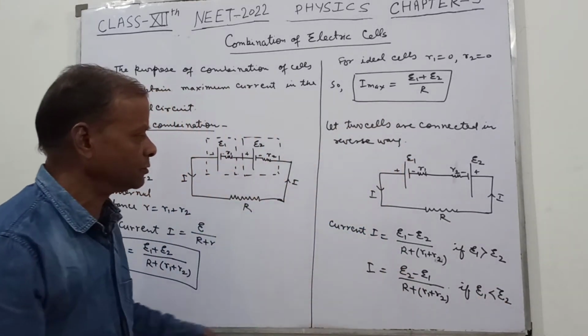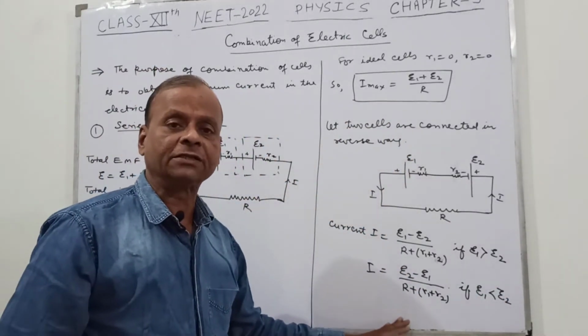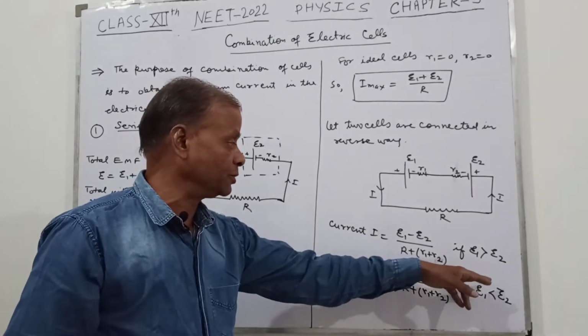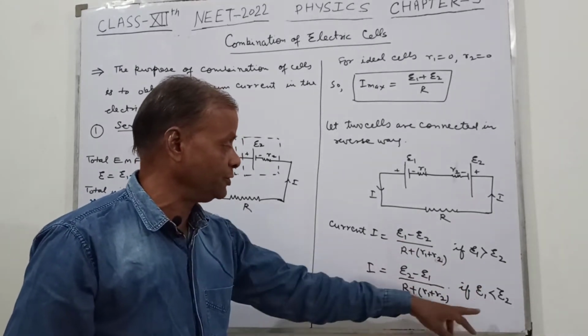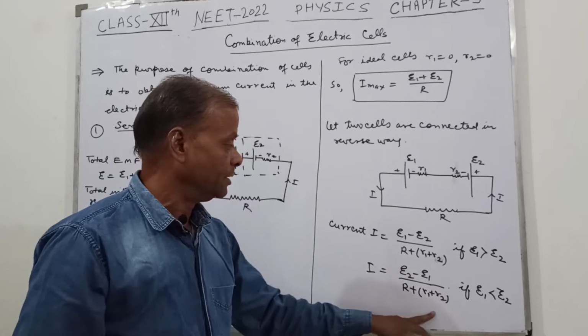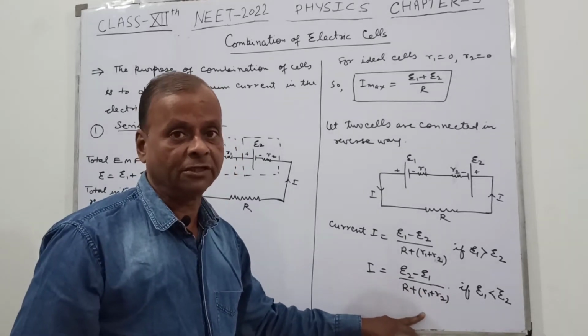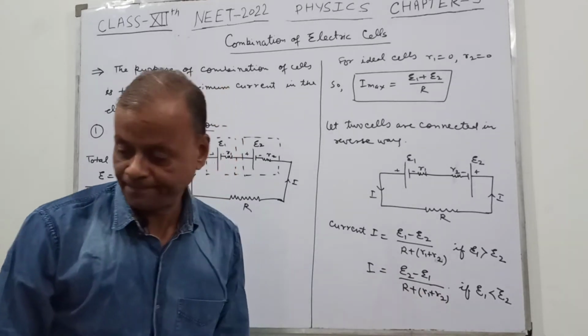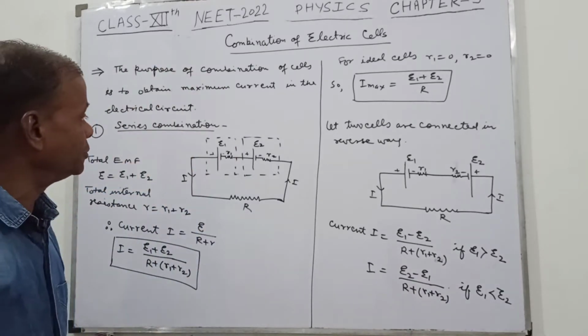Whichever is more, we take the difference. If E1 is more than E2, then E1 minus E2. If E2 is more, then E2 minus E1. The total resistance will remain the same. There will be no change. So this we have taken for the two cells.